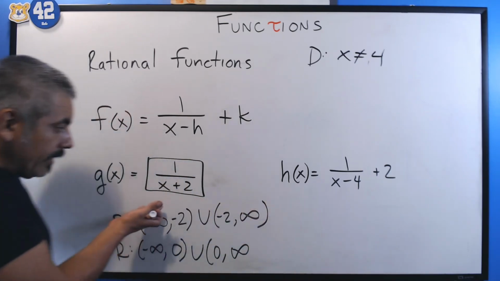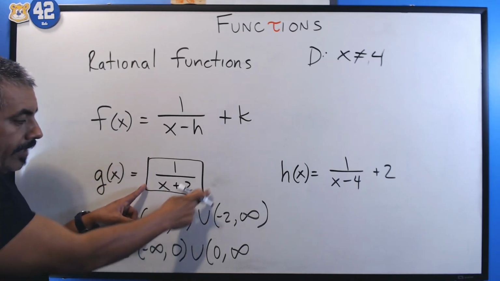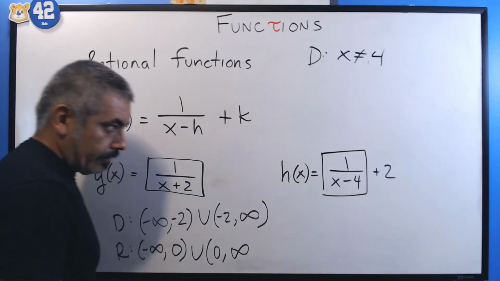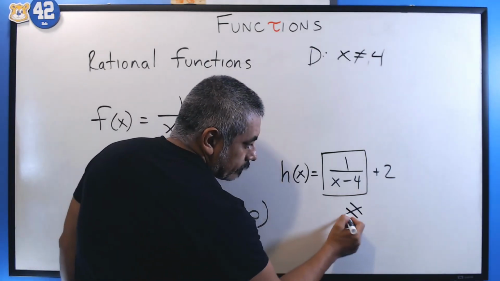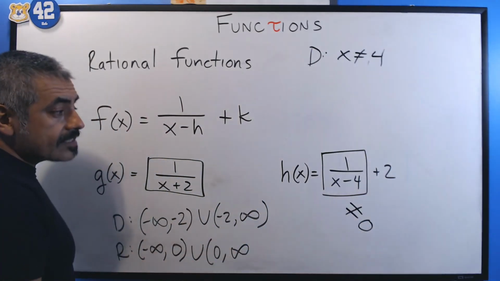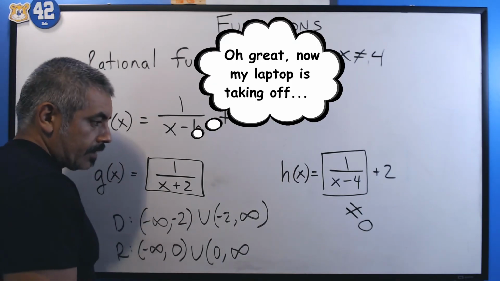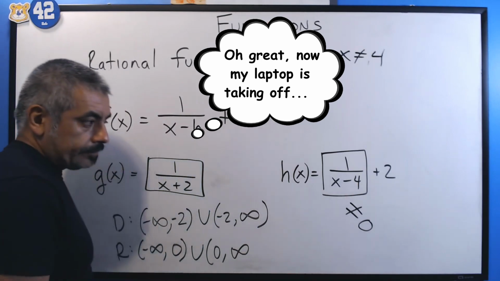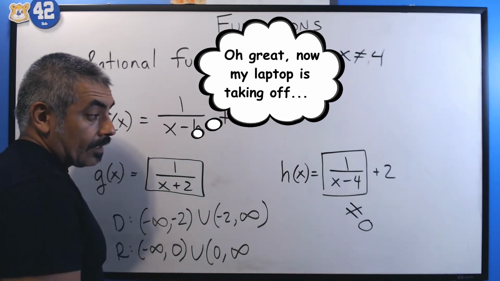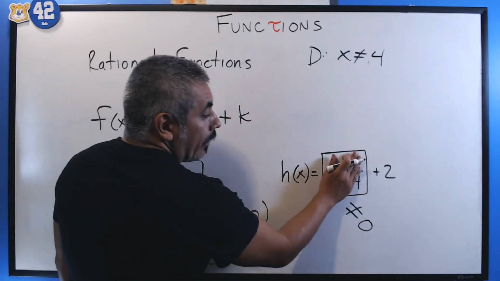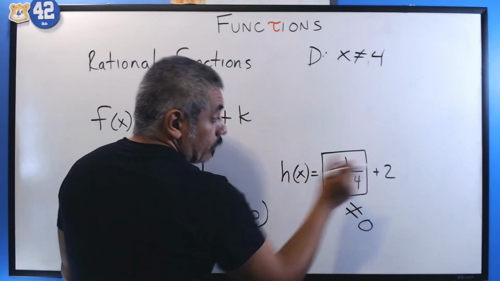Now, are there any values that this function cannot return? Well, similarly to this one, the fraction part could never be 0. And because this could never be 0, this could never be 0. But let's pretend it was 0. If it was 0, then the function would return 2.